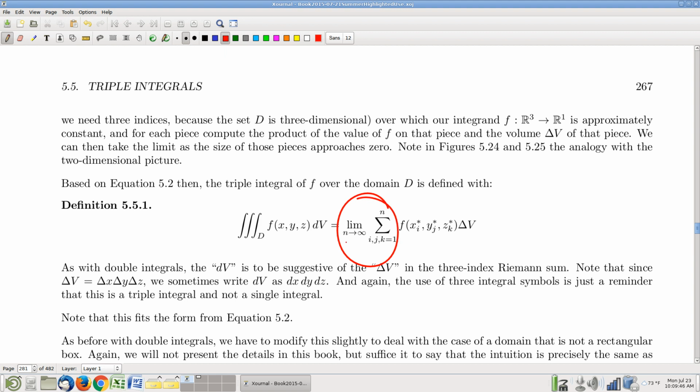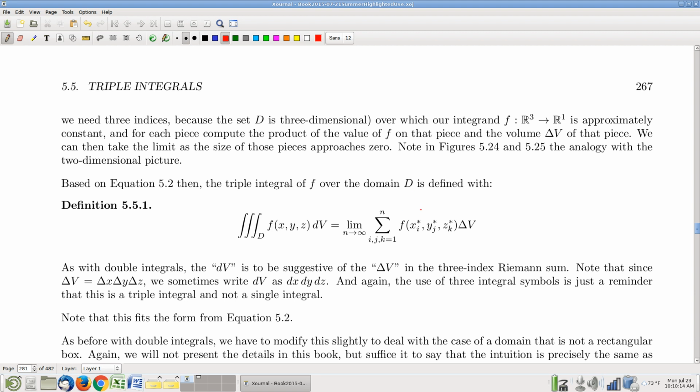Now, of course, I'm going to be taking a limit eventually. When I do a finite slicing, density is not exactly a constant over each little box, and there are going to be little variations. And so the approximations that I get by multiplying density times volume will have a little bit of error in them. So in the limit, we hope, and it turns out to be the case as long as the function's continuous, in the limit, we hope that these round-off errors go away.